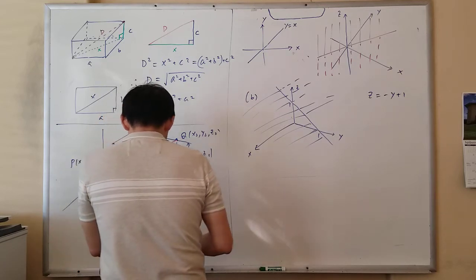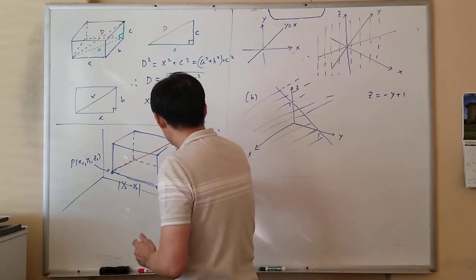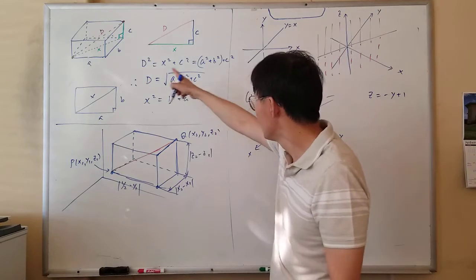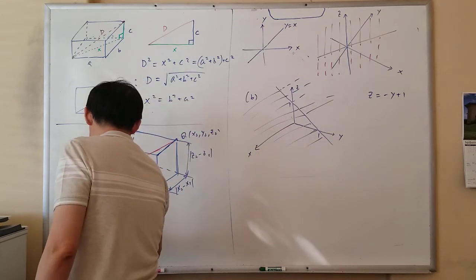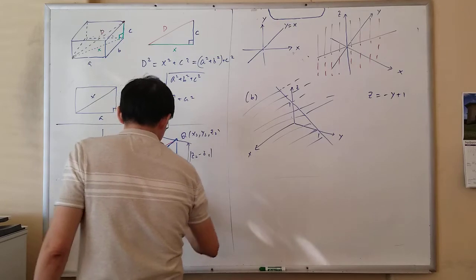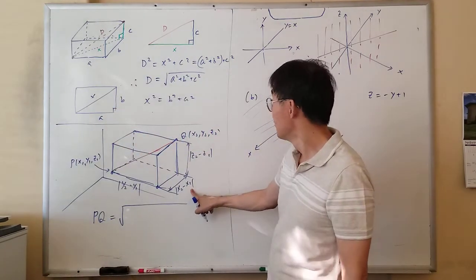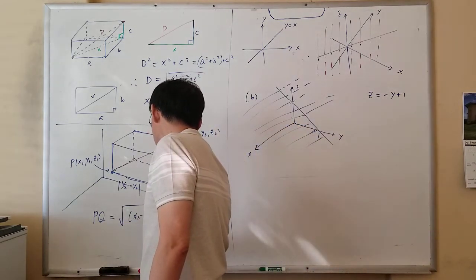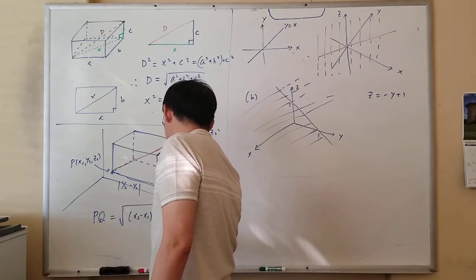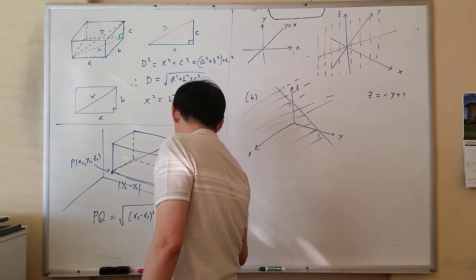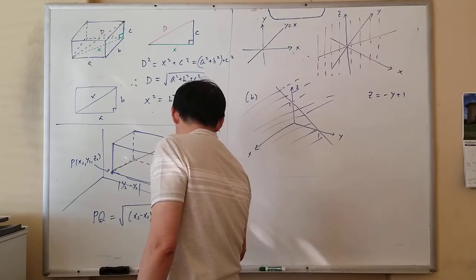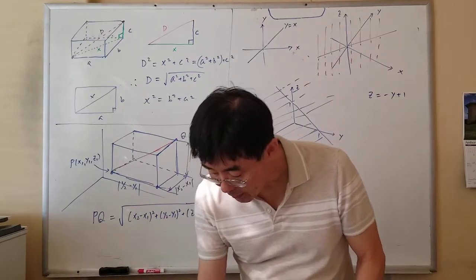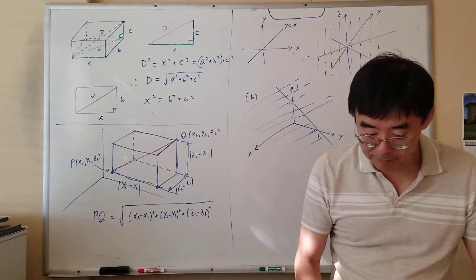This distance between the points will be exactly the longest diagonal, like this. So according to this derivation, the PQ distance is the square root of a squared plus b squared plus c squared. So x2 minus x1 squared, y2 minus y1 squared, z2 minus z1 squared. Square root of the x coordinate difference squared, y coordinate difference squared, and z coordinate difference squared. Okay?